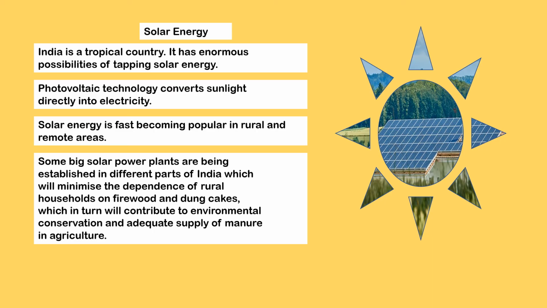We can use the cow dung to manure our paddy or wheat fields, and we can protect our environment from getting polluted by burning firewood. We can also protect the land from soil erosion, because more and more firewood is taken down. That means deforestation is taking place. So these are the consequences which we can avoid if we depend more on solar energy.